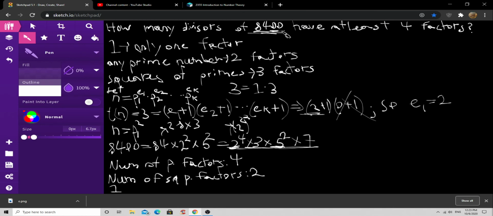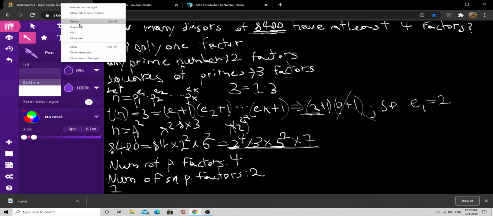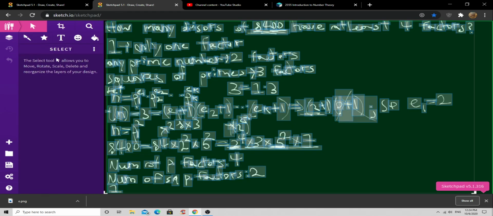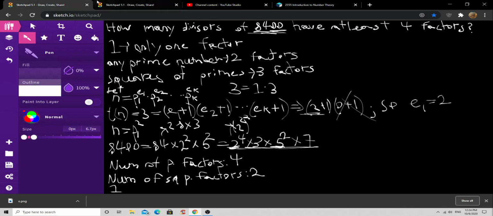And now let's find the total number of divisors of 8400. I'm going to duplicate this, select all of this, and delete it, and then continue.